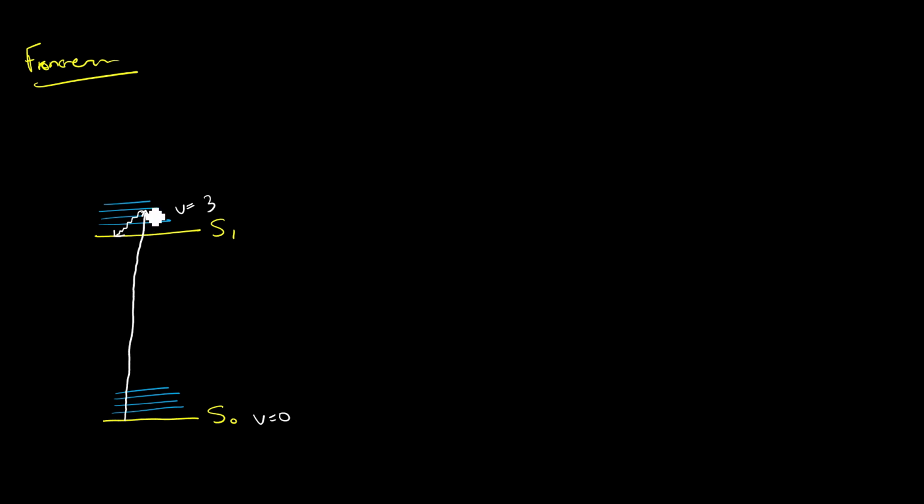They come to the lowest possible vibrational state, and then they release the energy to come back to the ground state. This is the process of fluorescence. This initial relaxation through the vibrational states, we call vibrational relaxation.